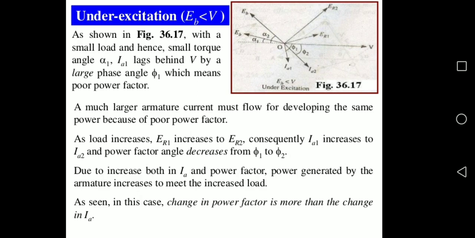As load increases, ER1 increases to ER2. You should remember that whenever load increases, ER1 also increases. That means the resultant EMF increases from ER1 to ER2. Consequently, IA1 to IA2 also increases, and the power factor angle decreases from phi 1 to phi 2.